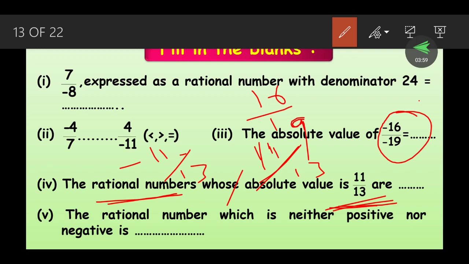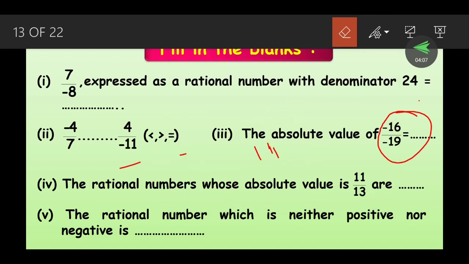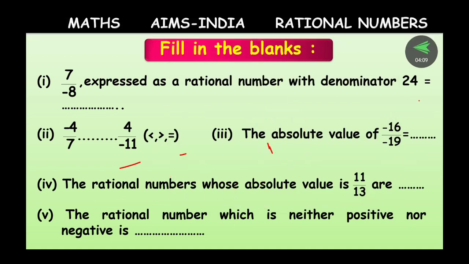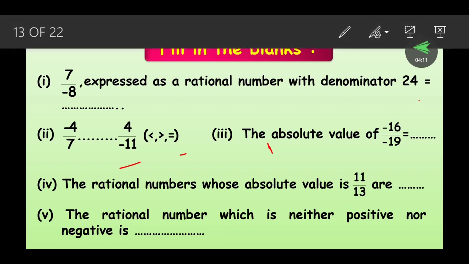We can take with minus sign, without minus sign. These two are the rational numbers. Next, last one. The rational number which is neither positive nor negative. So what is the answer? 0. Because 0 is neither positive nor negative.